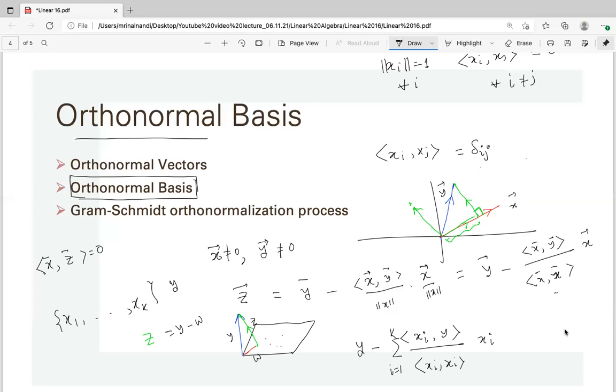This is not true in general: if x1, x2 are not orthogonal, then it is not true. Now the proof is easy. You just take this vector and take the inner product with xi or xj.